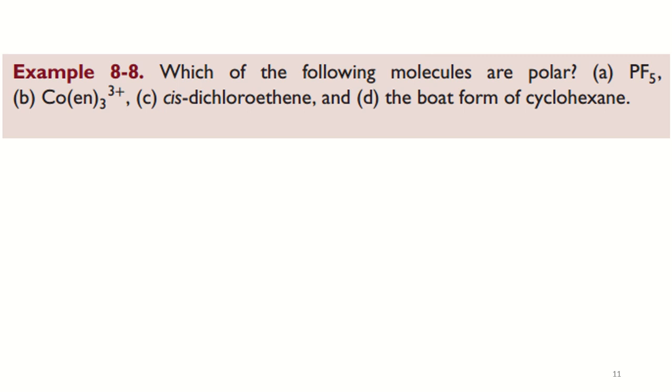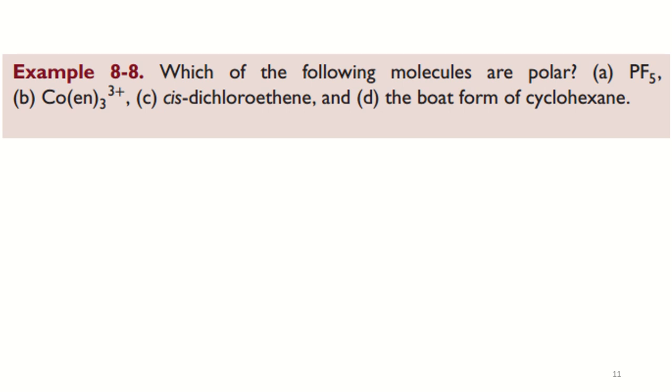Yes, there is identity, there is C2, sigma V and sigma V dash in the boat form of cyclohexane. The principal axis is C2, and no other rotation is found perpendicular to the C2, so we write C2.